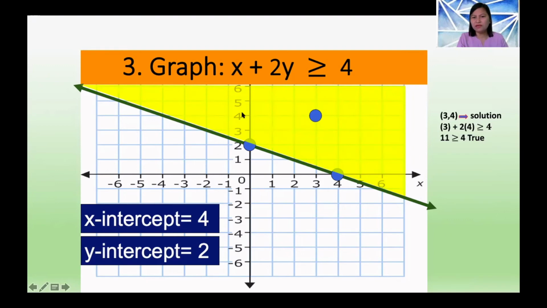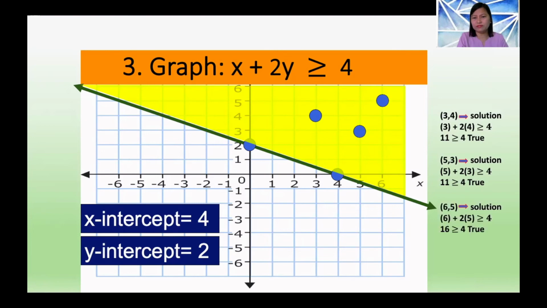Let's say 3, 4. Since 3, 4 is on the shaded part, it is a solution. Also, 5, 3. Since it is on the shaded region, it is a solution. Also, 6, 5. 6, 5 is a solution of x plus 2y is greater than or equal to 4.